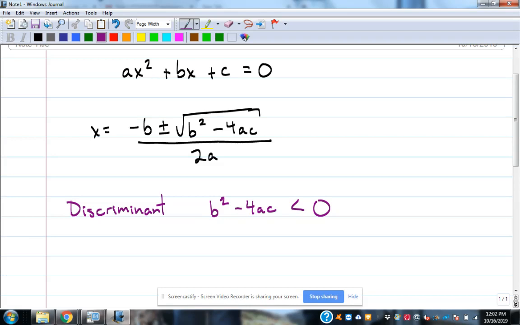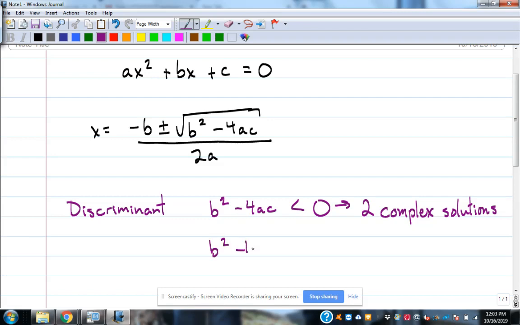So if you have a discriminant that's less than 0 or negative, you're going to have two complex solutions. Based on what the value of b squared minus 4ac is, the discriminant, that tells you what kind of answers you're going to have. So if it's negative, we're going to have two complex solutions.